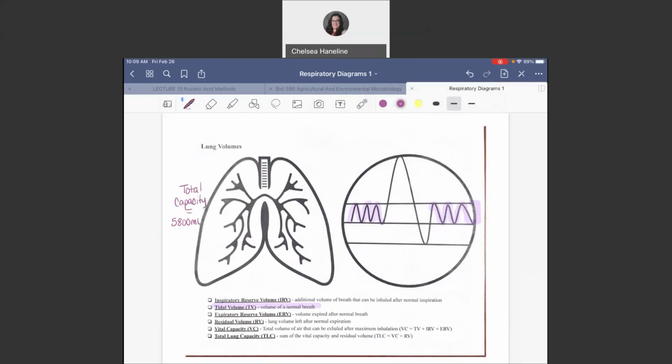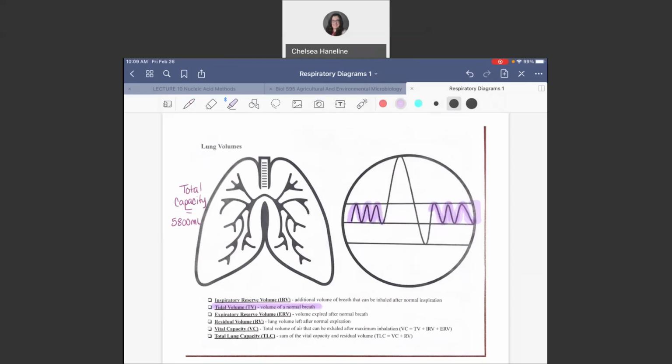So I'd like you to kind of write these things down as we go through this. The first component we're going to look at is something called tidal volume. I have that highlighted down here. Tidal volume is the volume of our normal breath. So that is what these small peaks and valleys here are. This is our tidal volume. This is what, when we're just sitting on the couch, is how much air we're breathing in and out, okay?